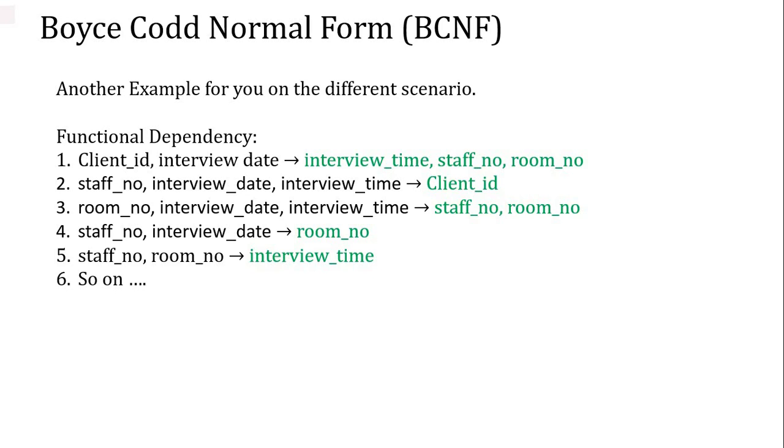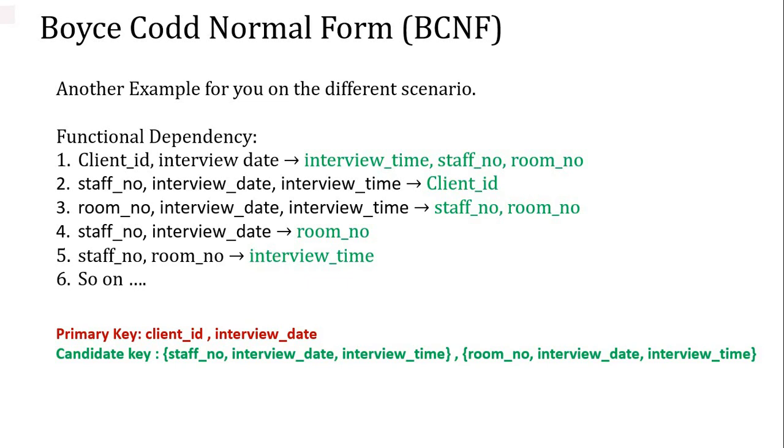Two things you have to understand: the primary key is client ID and interview date, and the candidate keys are staff name, interview date, interview time, and room number, interview date and interview time. These two are composite.